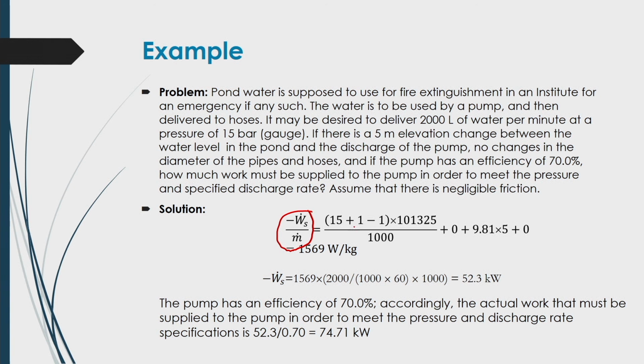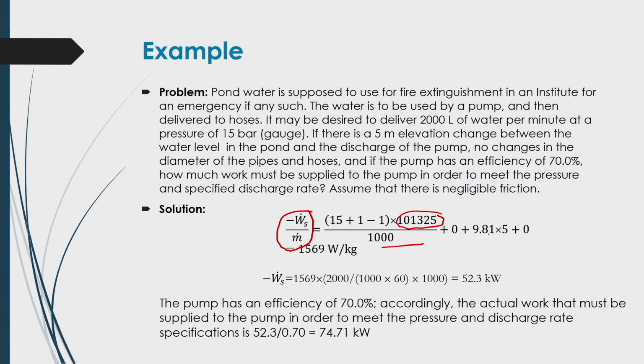So 15 plus 1 bar minus 1, that will be your atmospheric condition. This is your pressure change in bar. In terms of Newton per meter square, you have to multiply it by 101325, then finally you will get this.